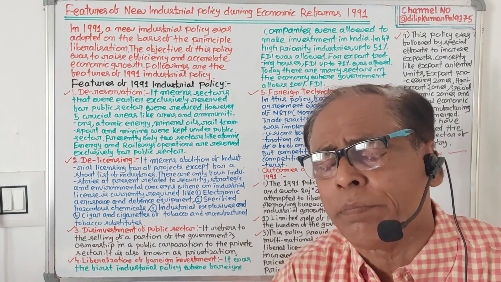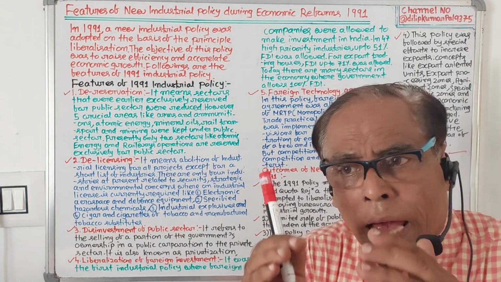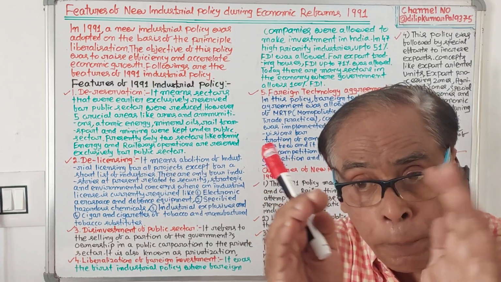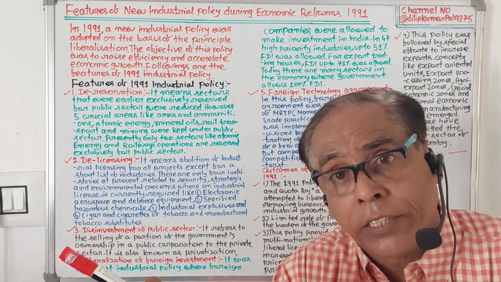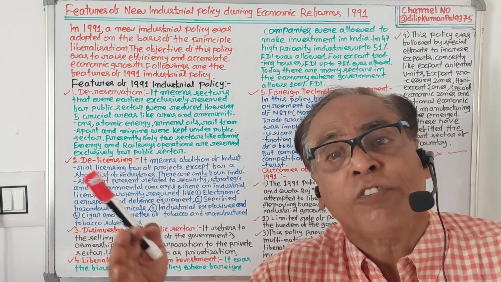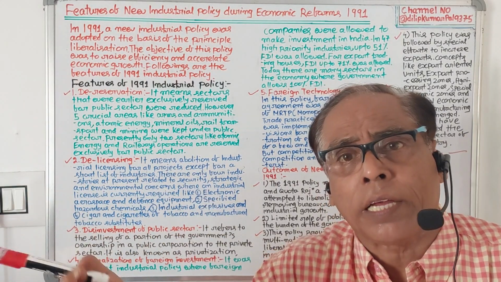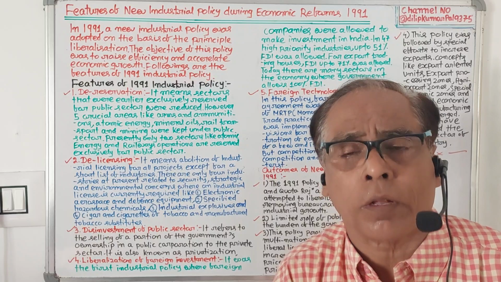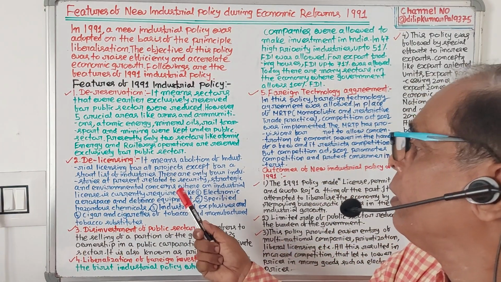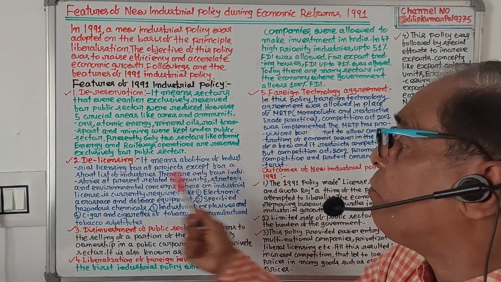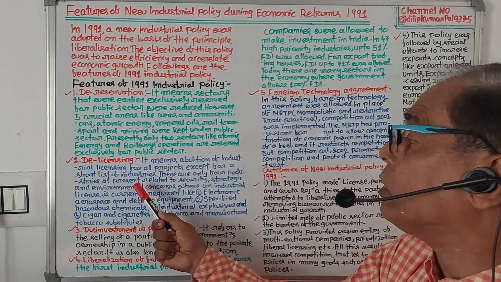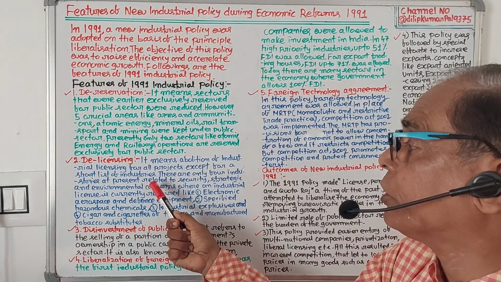So de-licensing means except for a few areas that are reserved for licensing, the rest of the areas are free from licensing. In those areas, if any project is carried on, there is no need to obtain a license from the government. It means abolition of industrial license for all projects except for a short list of industries.